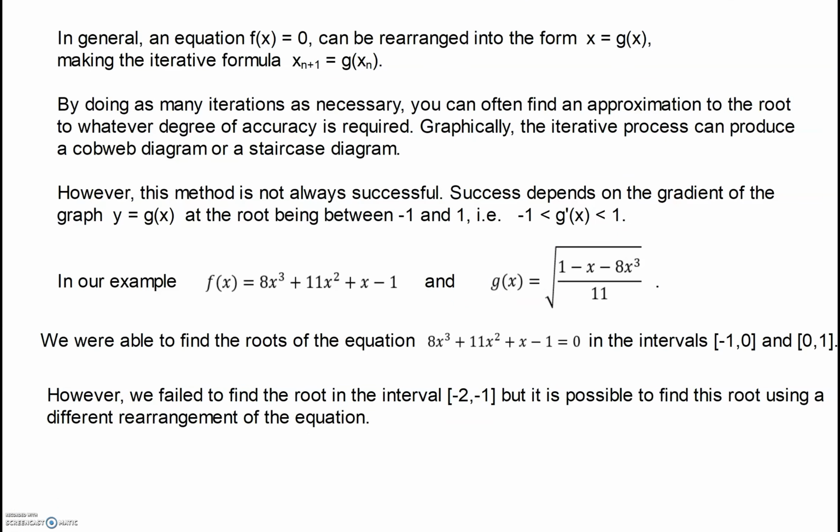So I've just made these notes. I'd like you to copy them into your book, and it just summarises some of the key points that we've been talking about, specifically the gradient of the curve. Now, I've introduced g of x, and in the example that we've done, then g of x is this y equals curve that we've been using.